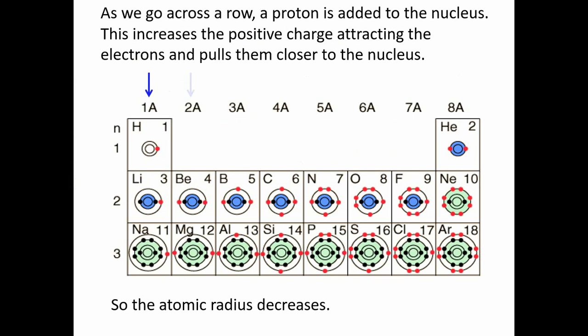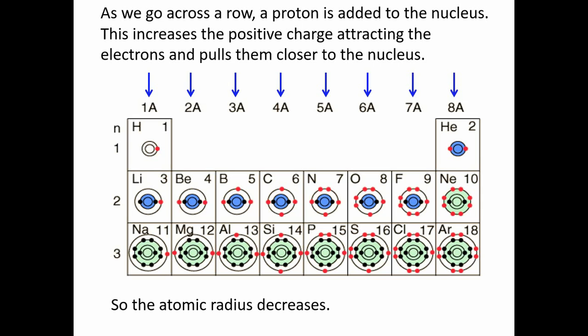As we go across, we've got a couple of things happening here. First of all, with each successive element going across a row, so let's say lithium, beryllium, boron, carbon, we're adding one electron to the already existing energy level, but we're also adding another proton to the nucleus.